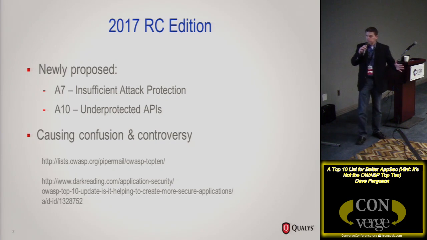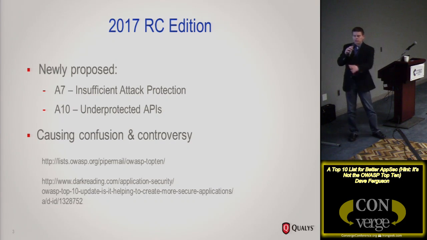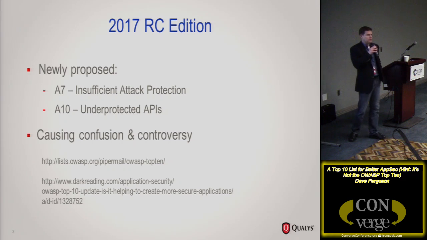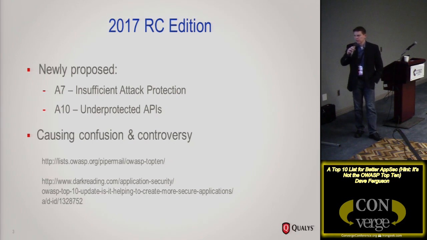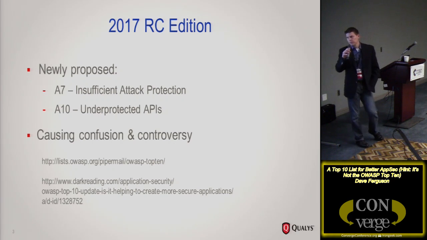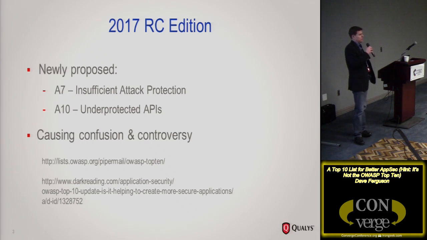So it's kind of a paradigm shift in a way, and there is a lot of controversy. Just if you look at the OWASP Top 10 mailing list, you'll see some of the comments that have been made. And there's a blog post by Chris Ng, who I used to work with, on Dark Reading about this and some of his concerns with it, which I tend to agree with, to be honest.